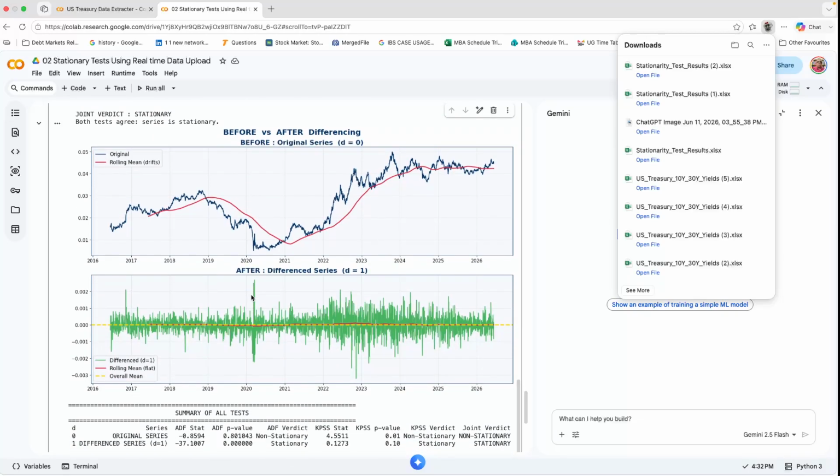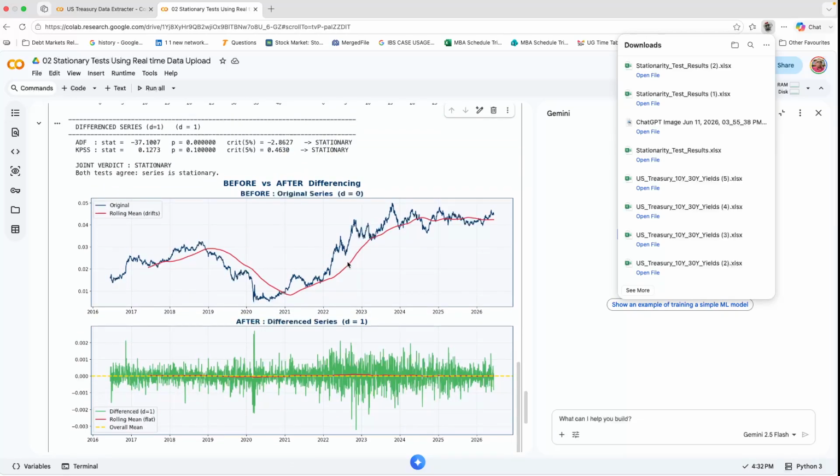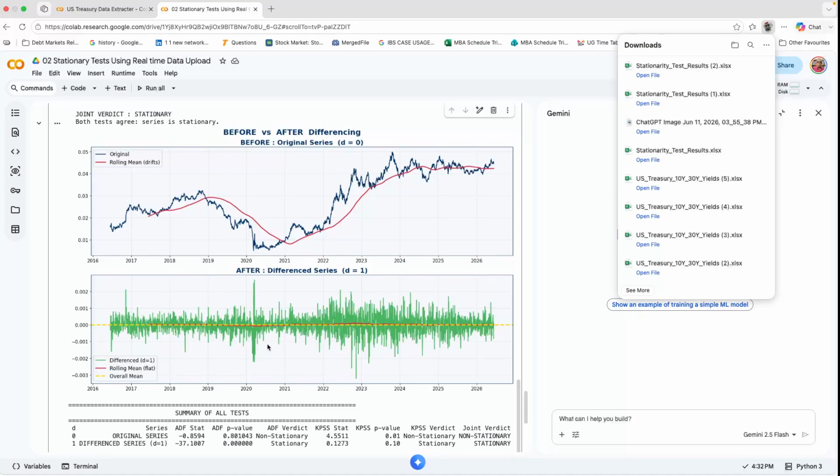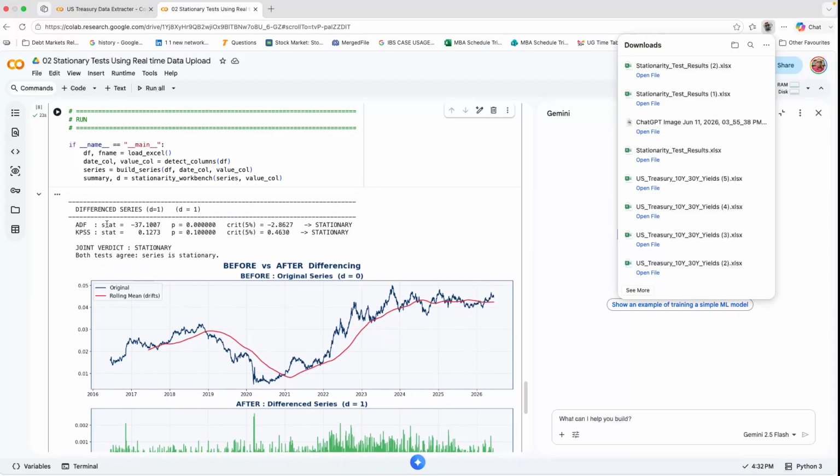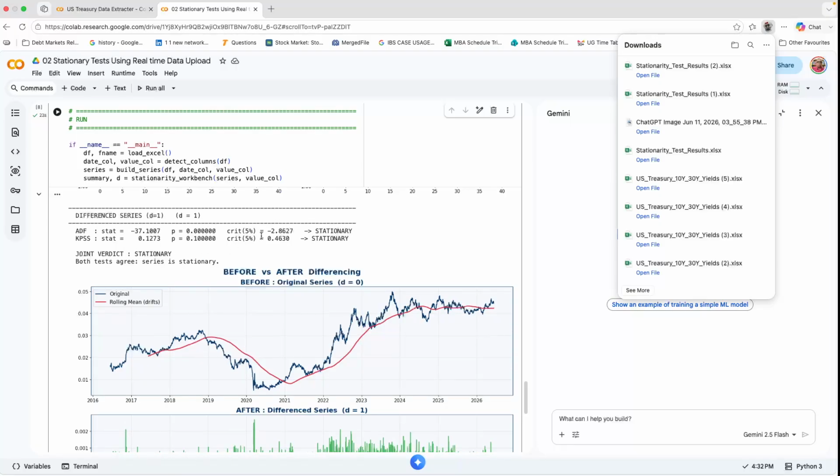Now look at the diagram here. This is before the differencing and this is after differencing, which very clearly proves that after one differencing, the data has become stationary. We can also conclude a joint verdict using the ADF and KPSS tests. KPSS is a little complicated to run through Excel, but it is very clear using the ADF test. You can see that it is less than the critical value, which means it is stationary.